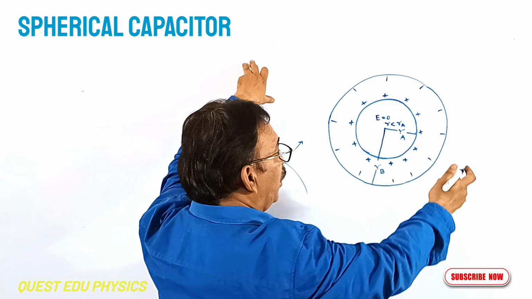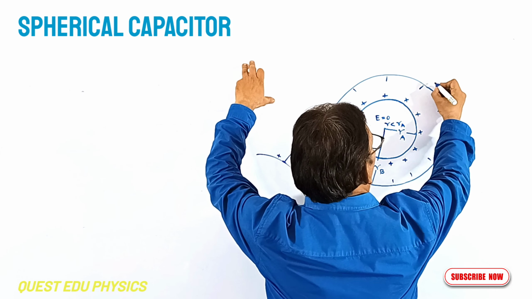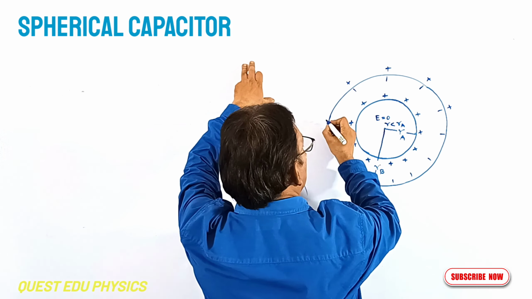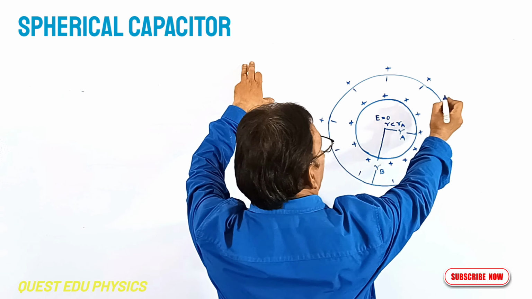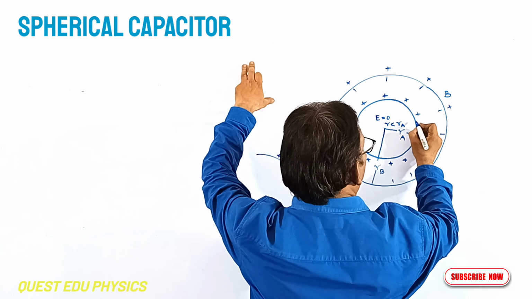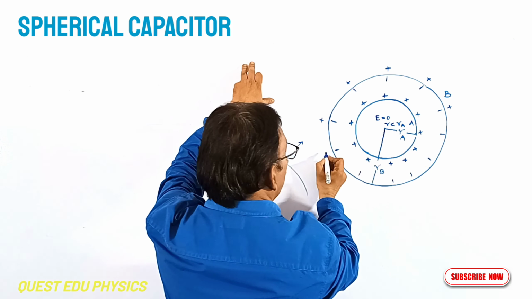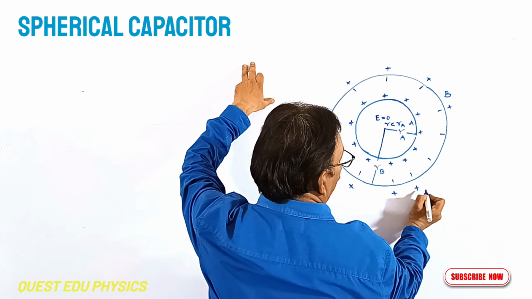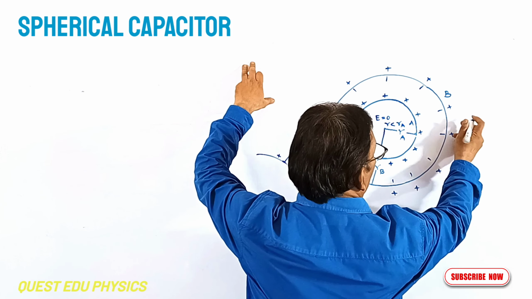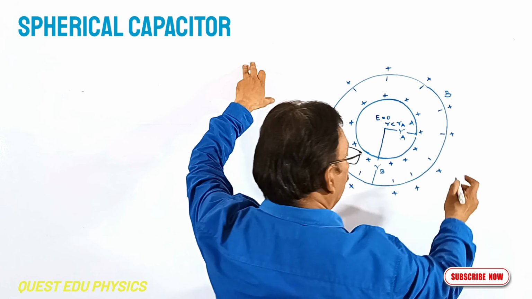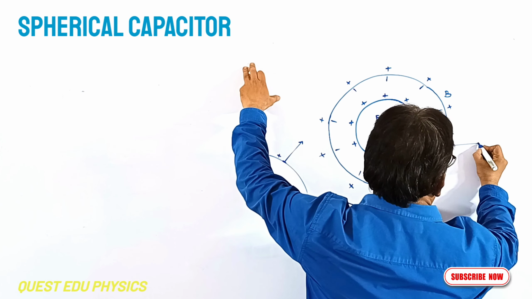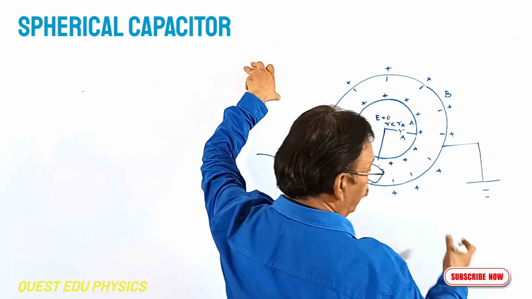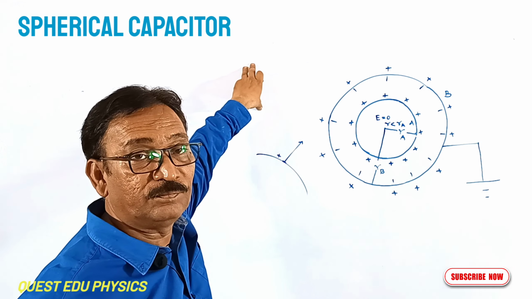Automatically, positive charges will be created on the outer surface of the second sphere. I am naming it sphere B and the first one sphere A. Now we are grounding this sphere, that is, earthing it. Then this positive charge will flow into the ground.